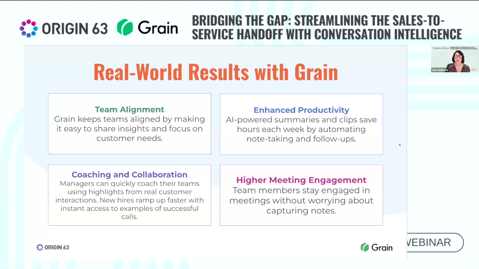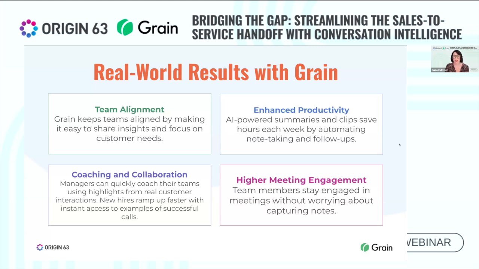But the other thing I wanted to mention, and I think you hit on this with the higher meeting engagement, is we actually use Grain not just for sales, but also for the actual meetings that we have with our customers. What I've seen our customers do with Grain and HubSpot is, yes, sales starts with it and they have those conversations. We get the conversation intelligence. We pass it off to our onboarding, service, and implementation teams.